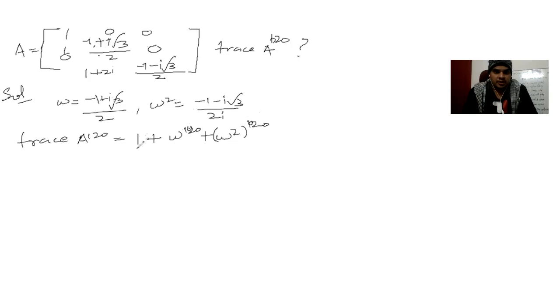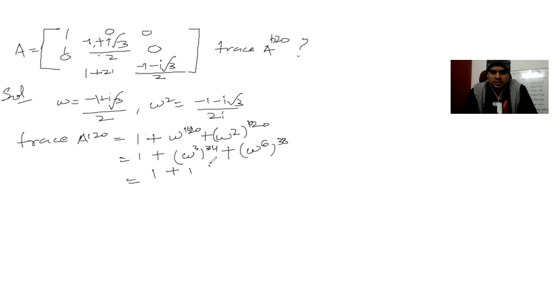Using simple calculation we can write omega cube. 3 times 34 is 102, and for omega square power 102, it is 204, and if we divide 204 by 6 we get 34. Right? Okay, so now we know that omega cube is equal to 1.